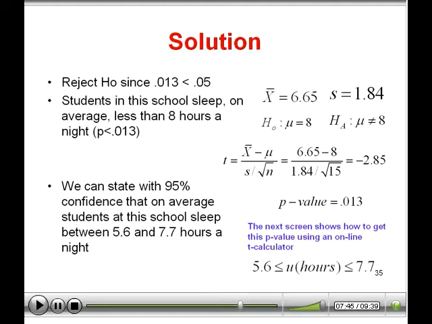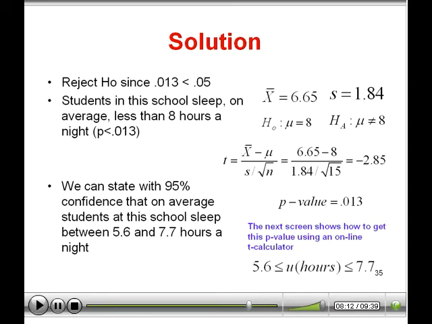And since the test statistic is negative, we also decide that the population mean is less than 8. Putting it all together, we conclude that the mean number of hours of sleep that children in this school get each night is less than 8 hours, and we are careful to include the p-value of 0.013.